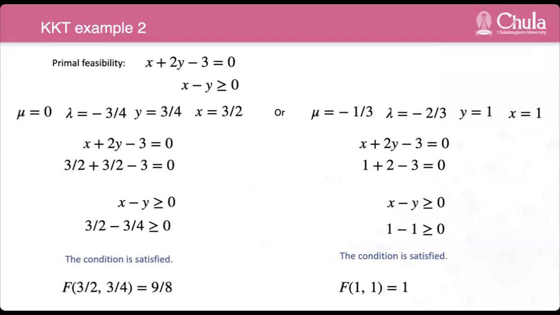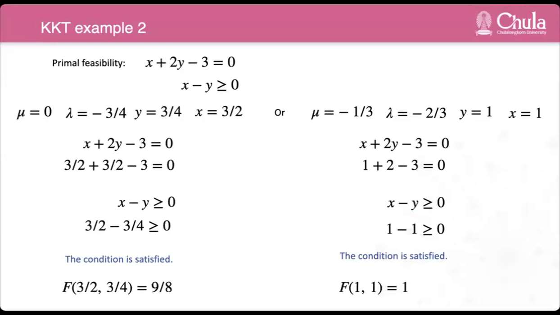So two choices, right? We have 2 points. We have to test for primal feasibility, and both are satisfied, right? The primal feasibilities are satisfied. So both points satisfy the KKT condition and can be solutions.